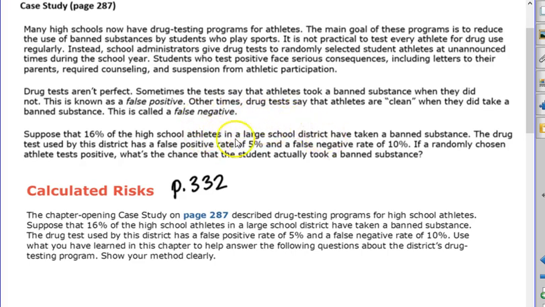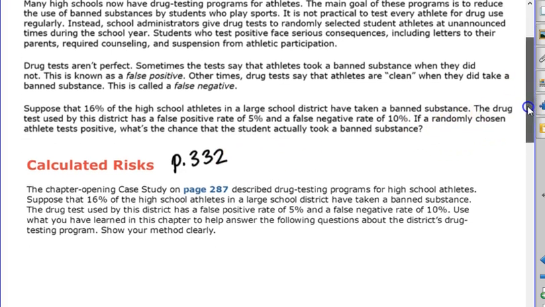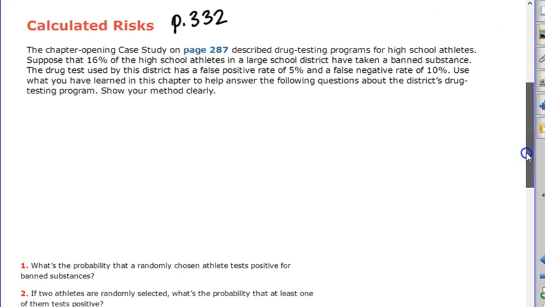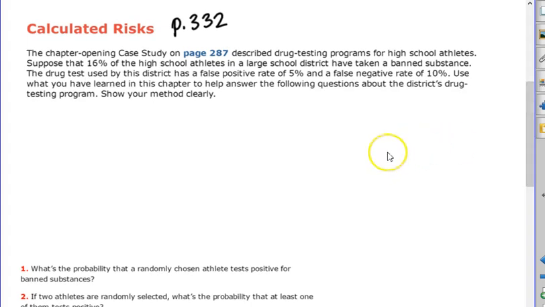Then I'm going to skip over the question they ask here, and we're going to go to page 332, where they pick up on this problem again, and then ask a series of more specific questions. Suppose that 16% of the high school athletes in a large school district have taken a banned substance. Okay, so I'm going to say D for drug.